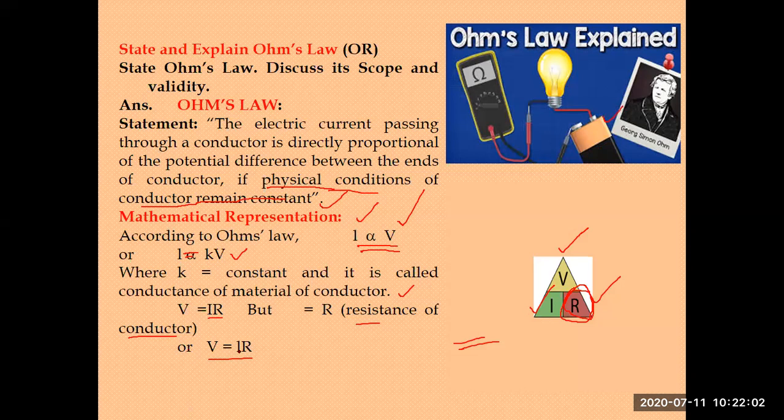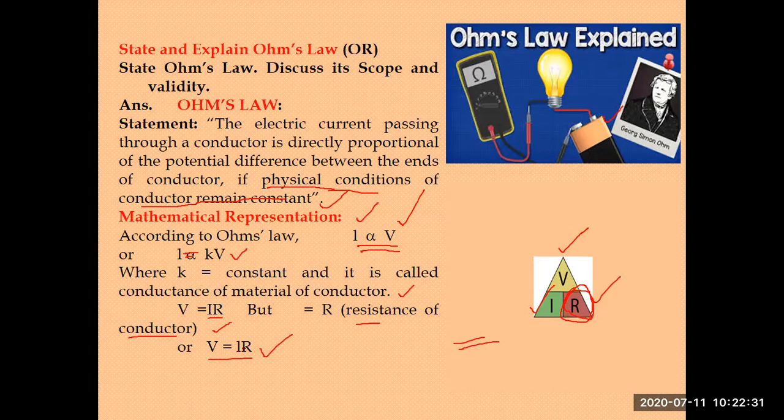So mathematically it is V = IR. This is the formula where sometimes you are asked: such an amount of current is passing through a resistance of such a value, calculate the potential across the resistance. You will use this formula to calculate the potential. At the same time, you may be given that after applying such an amount of potential, such an amount of current passes through the resistance, so find the value of the resistance.